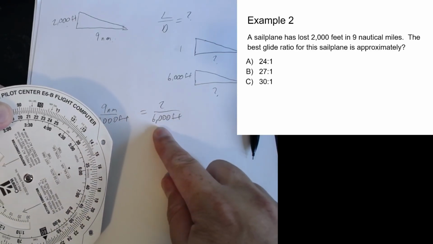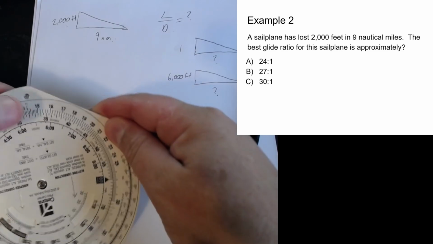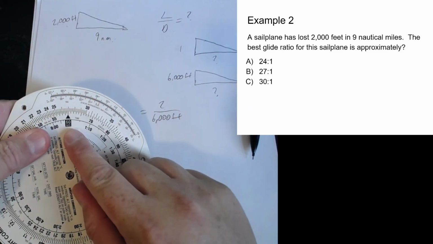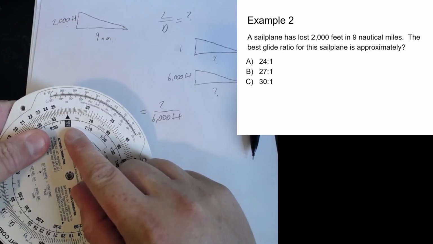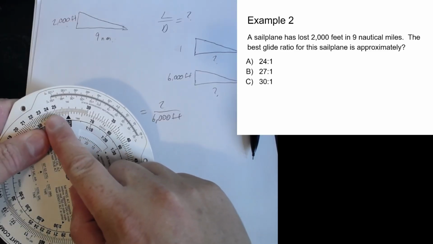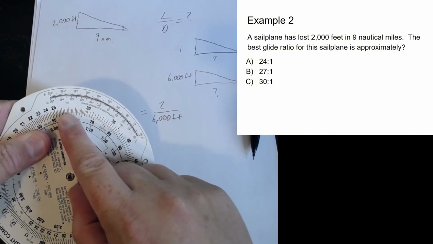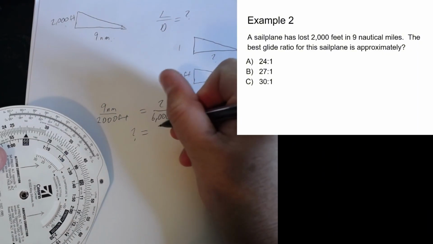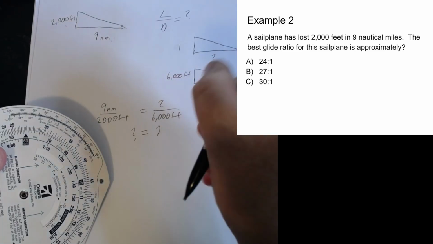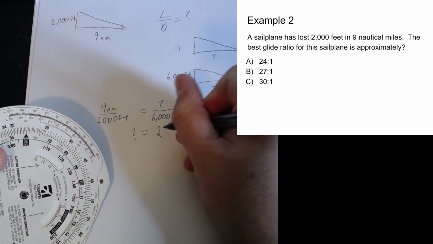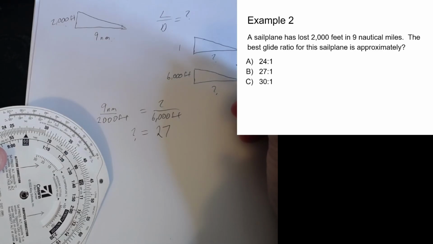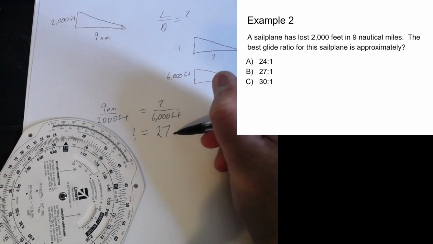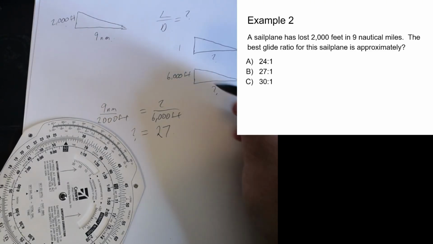Now, going over 6,000 feet, 1 nautical mile, it would go 25, 26, 27. 27 is how far it would go if it lost 1.